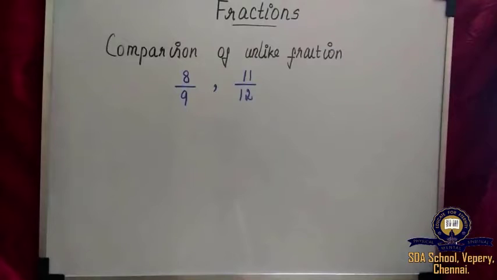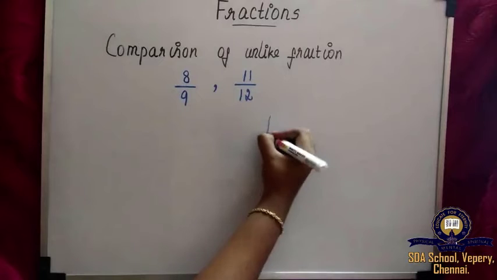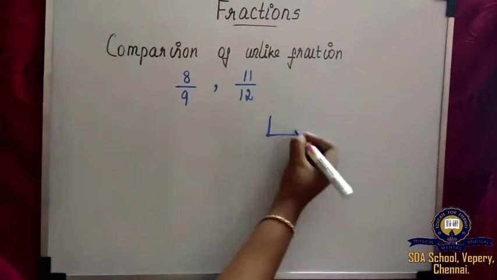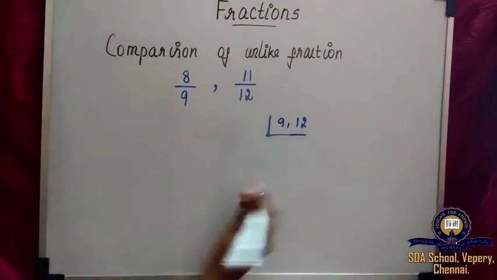Comparison of unlike fractions. Two unlike fractions are given: 8 by 9, 11 by 12. So first you have to convert the unlike fractions into like fractions. For that, first we need to find the LCM of the denominators. Here the denominators are 9 and 12. So we will find the LCM of 9 and 12.